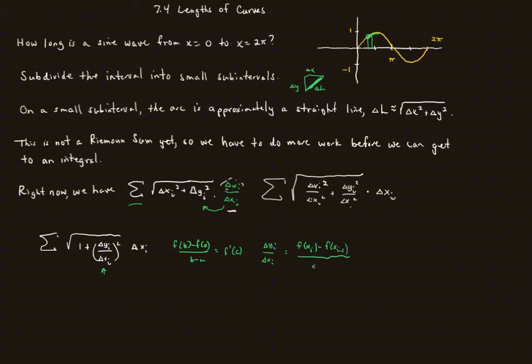On the bottom, our delta x sub i is x sub i minus x sub i minus 1, that's our b minus a. So that is exactly the form we want for the mean value theorem, which means delta y sub i over delta x sub i can be set equal to f prime, the derivative of f, at some c sub i in between that interval.